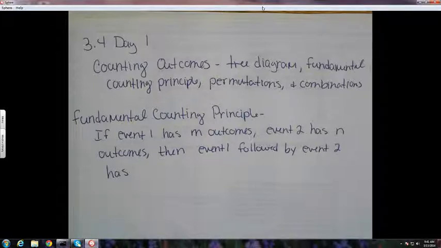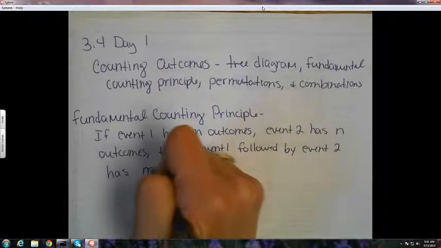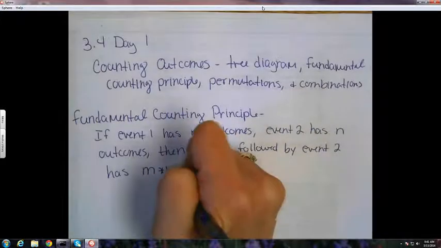How do I get the total number of outcomes if I know how many are in each event? You multiply. It's an AND situation. M times n outcomes.